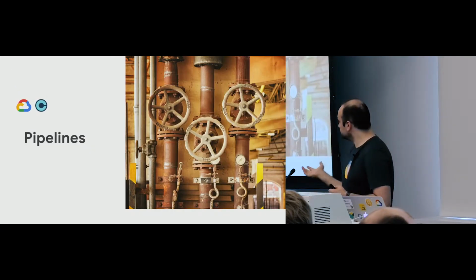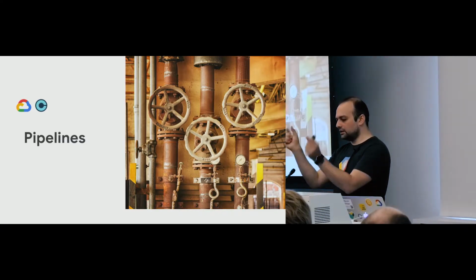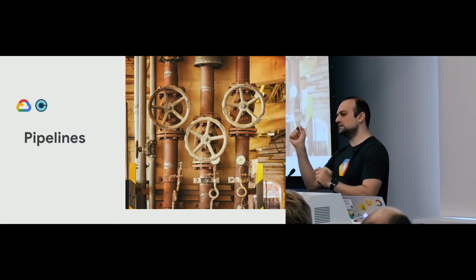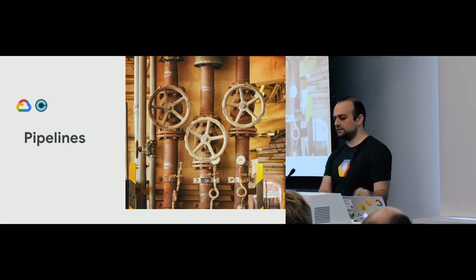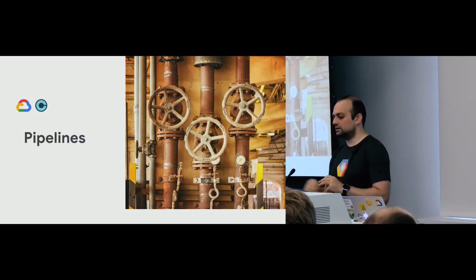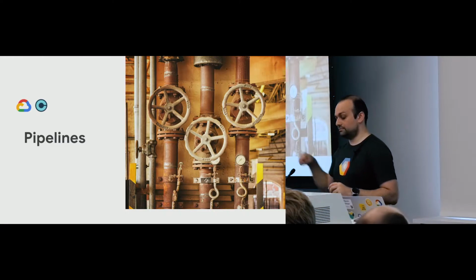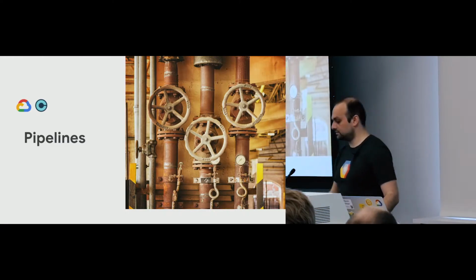So pipelines. What is a pipeline? A pipeline is a simple thing. You put something in, it goes into different pipes and mixes and turns around, and there is something else coming out at the end. For those of you who remember the old meat mincing machine that you used to turn around, I remember when I was a kid, we had this, it was really fun.